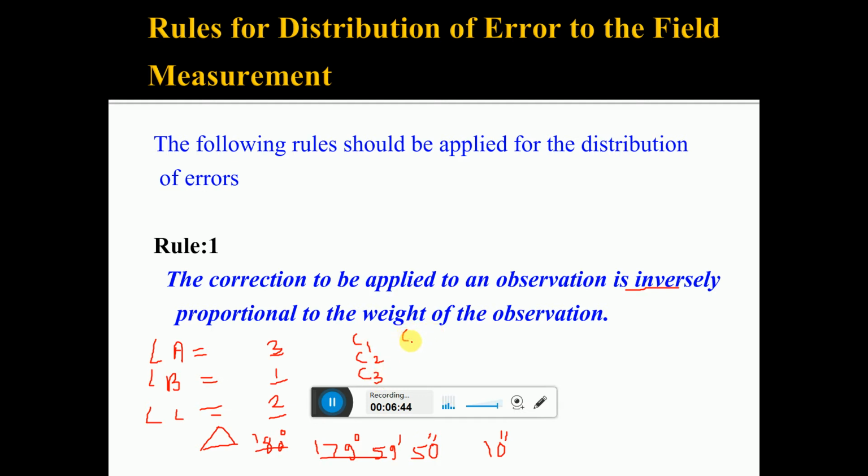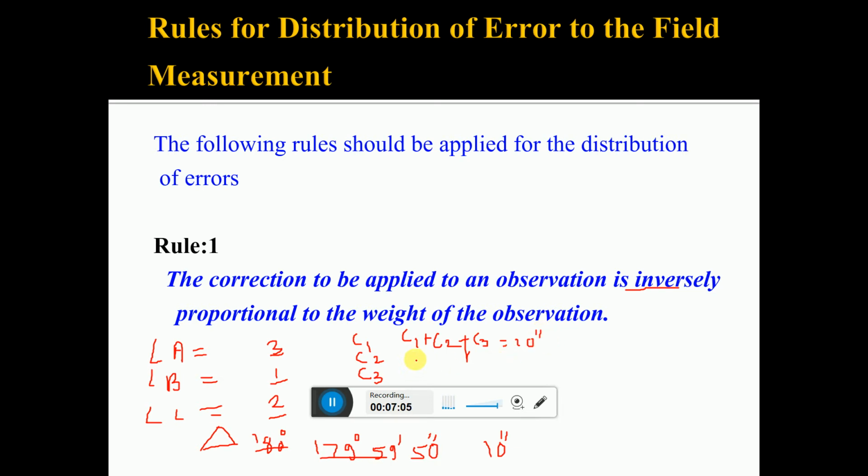Here we get two equations: C1 plus C2 plus C3 is equal to 10 seconds, because the total correction must equal the discrepancy, that is the error, 10 seconds.